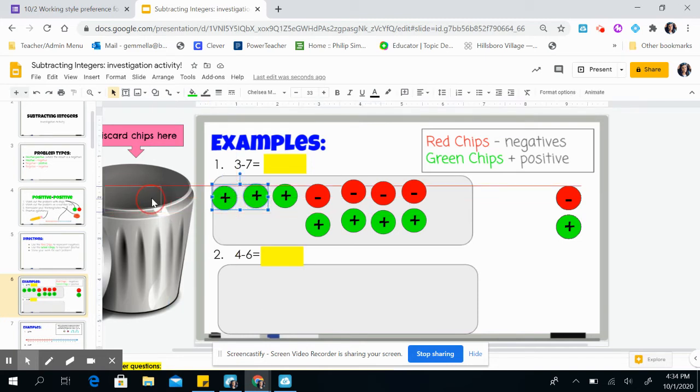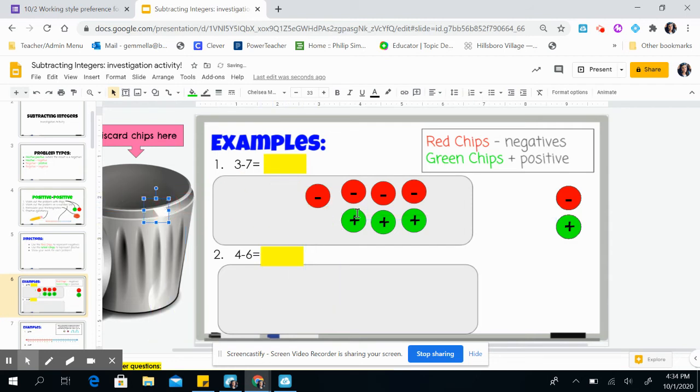So that's 2 positives, 3 positives, and I'm going to discard them. 4, 5, 6, 7. So that was positive 3, take away positive 7, or 3 positives, take away 7 positives.